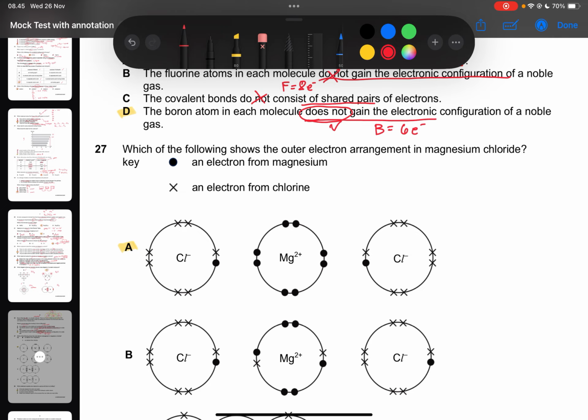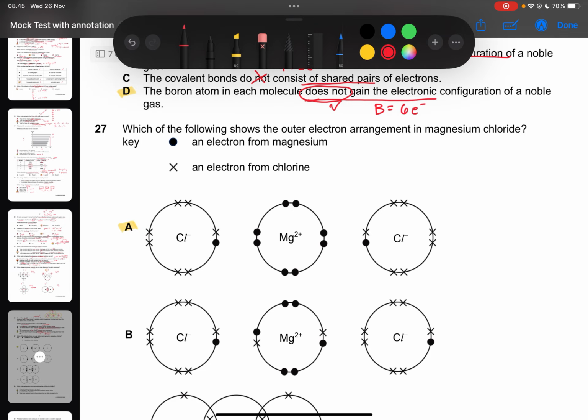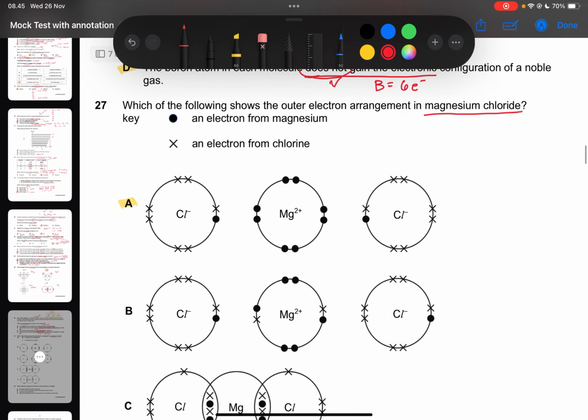Question number 27. Which of the following shows the outer electron arrangement for magnesium chloride? The key is that dot is for the magnesium and X for chlorine. So let's write first the chemical formula for magnesium chloride.